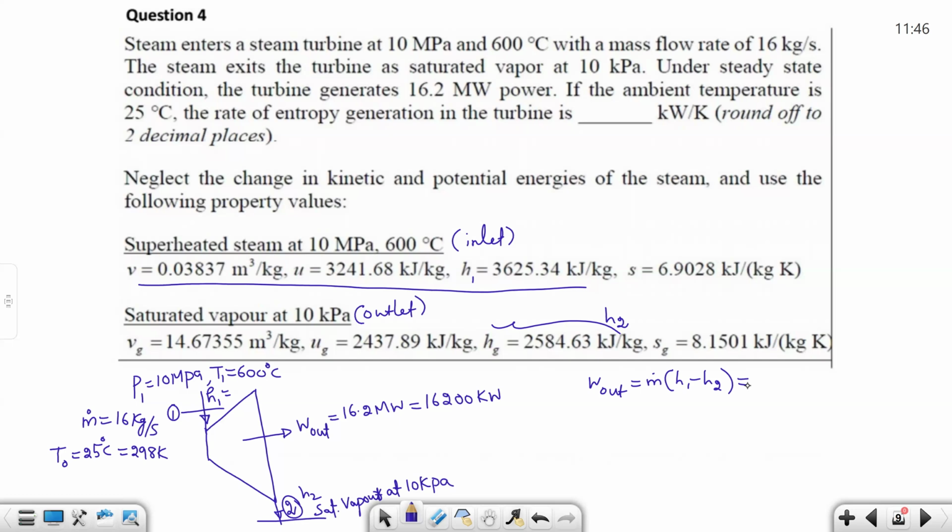M dot is 16 kilogram per second. H1 is 3625.34 minus 2584.63 into 16.